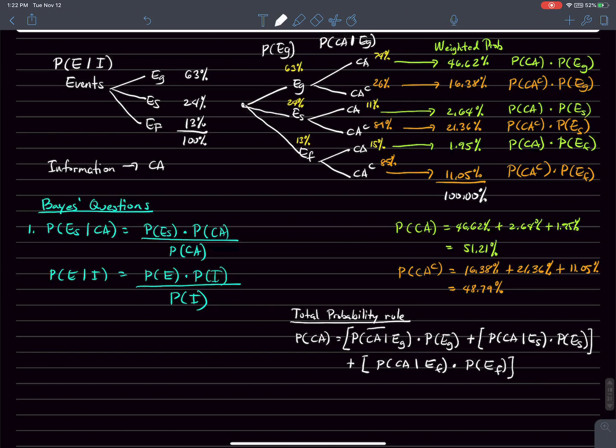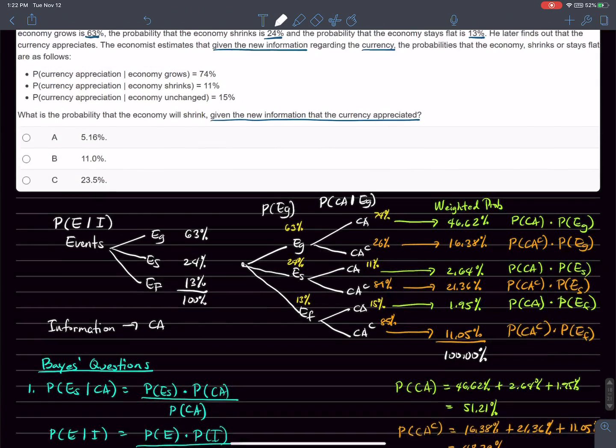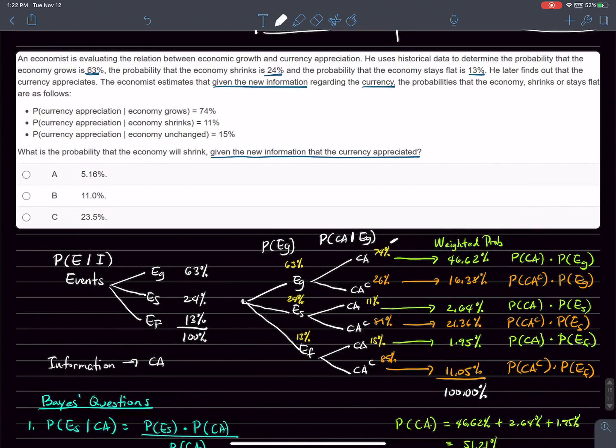So you'll notice that this over here is 74% times 63%, or 46.62. This is how you visualize the total probability rule.